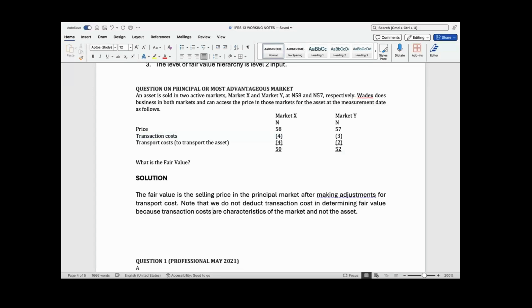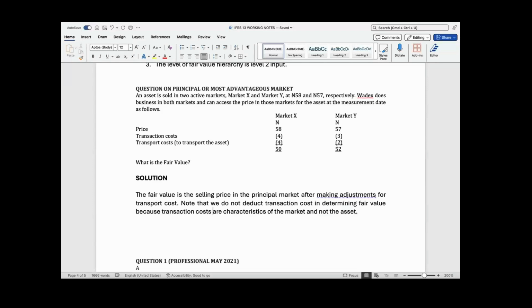When we say transaction costs, we'll be talking about things like maybe you paid a middleman, or you paid some commission, right? These are market determined costs that you really don't have to incur. It has nothing to do with the assets. So they are characteristics of the market. So we should not use that to determine or affect the price of the asset.